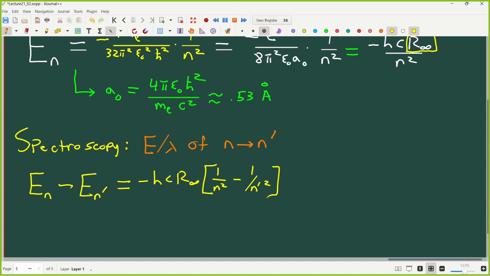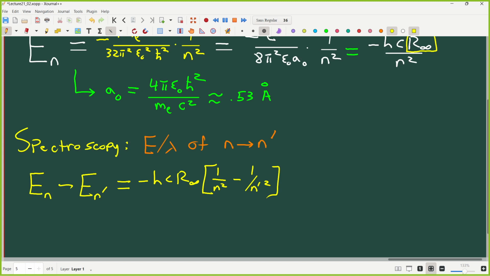But the interesting thing is that as n increases, let's think about the spacing between n and n plus 1. The difference between them depends on the inverse of those numbers squared. So the bigger the number n, the smaller the spacing becomes.